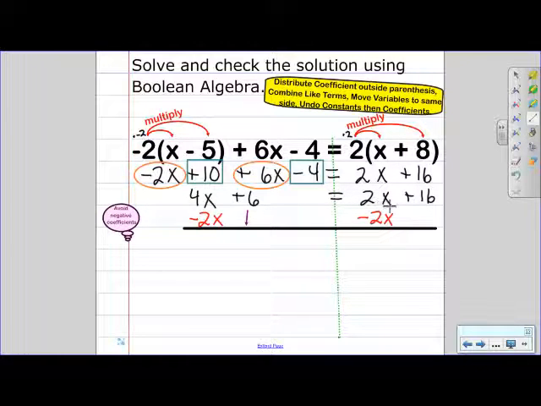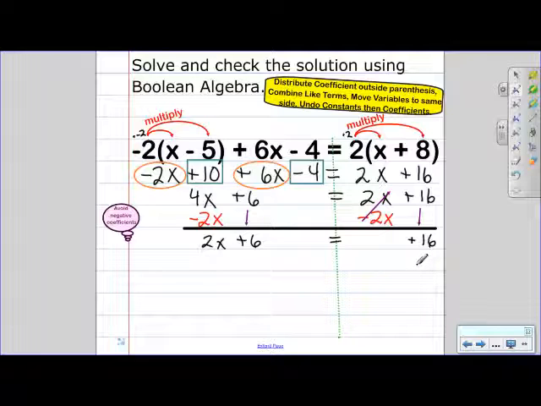My 2x and -2x is going to cancel out, and I'm going to bring down my +16. So 4x minus 2x just leaves me with 2x. I'm bringing down my +6, equal sign. Again, that's a zero pair, plus 16, or I can just write 16.